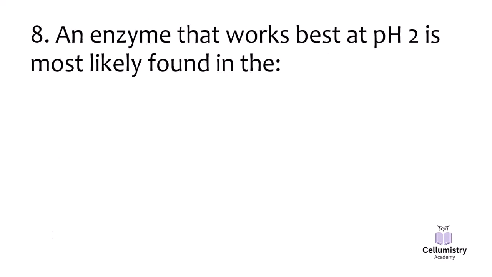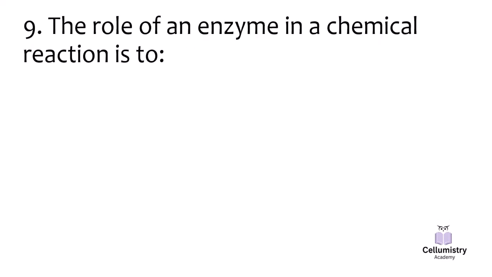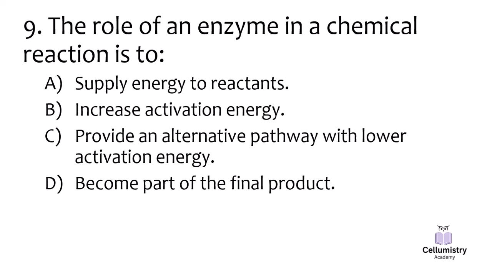An enzyme that works best at pH 2 is most likely found in the... Answer is D. Stomach. The role of an enzyme in a chemical reaction is to... Answer is C. Provide an alternative pathway with lower activation energy.